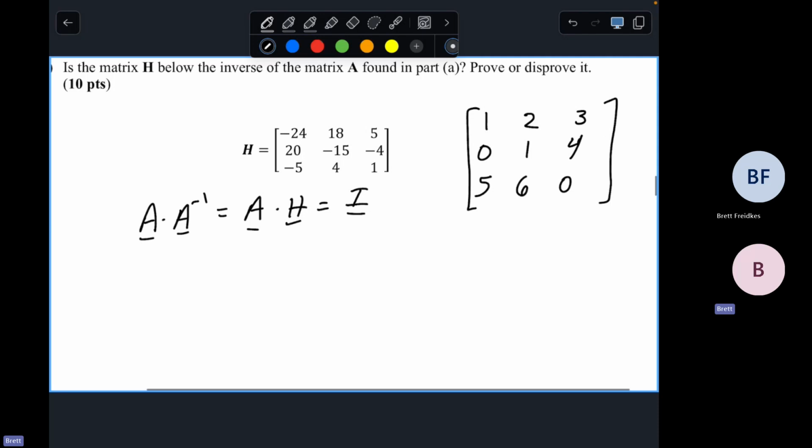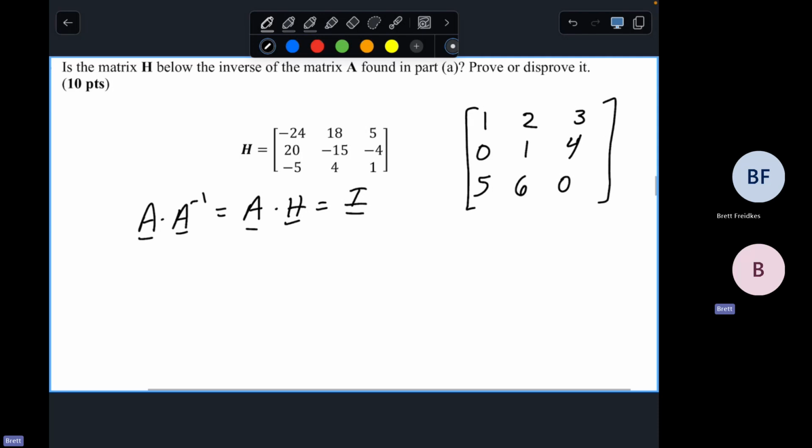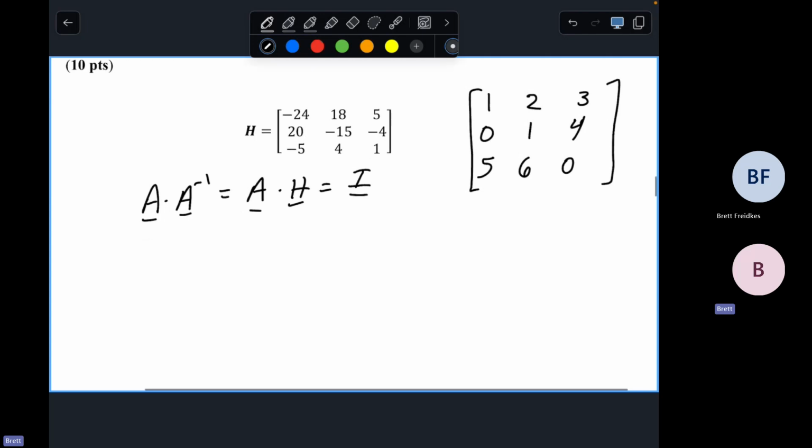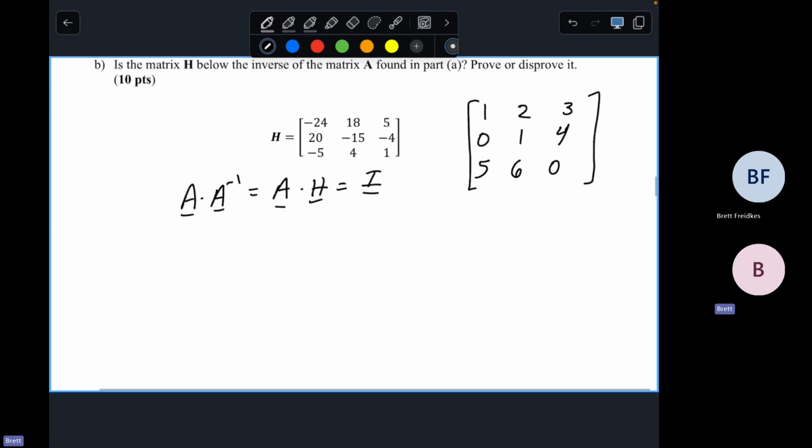If people used their answer from part A here and did it correctly, I gave them full credit, even if they got A wrong. I won't double hit you on things, especially a problem like this. I would like you to show some work, but if you don't show all the work and get the right answer, that's fine. It's just easier for me to believe that you did it.